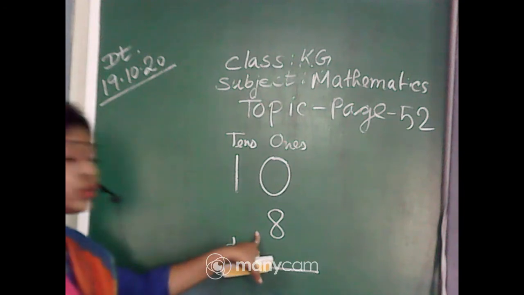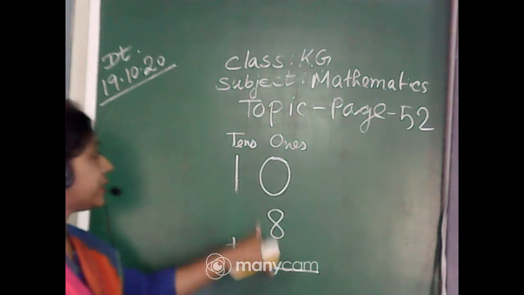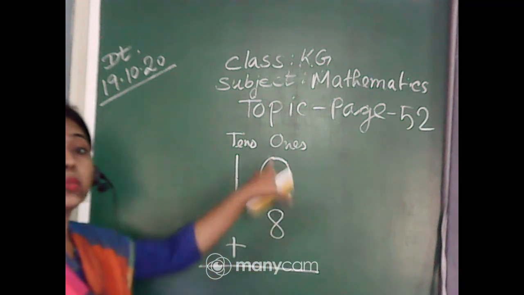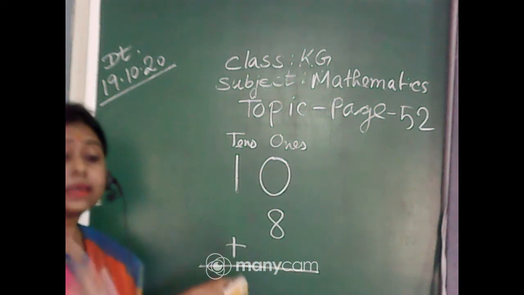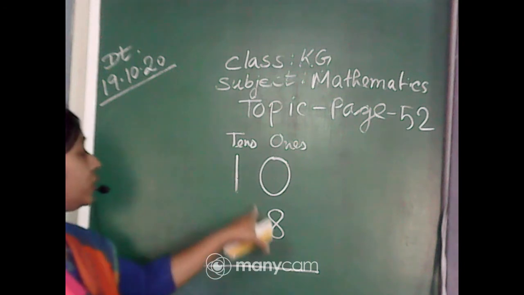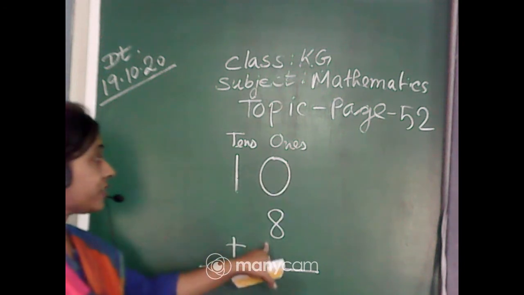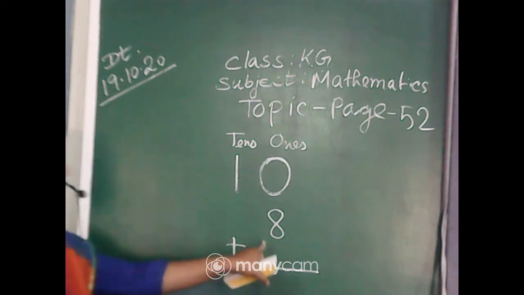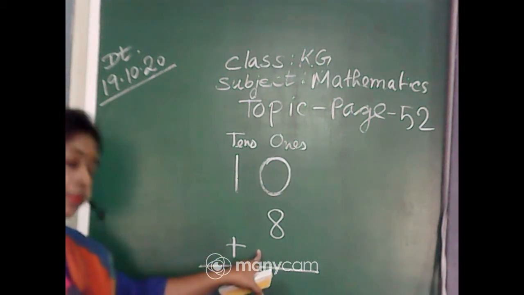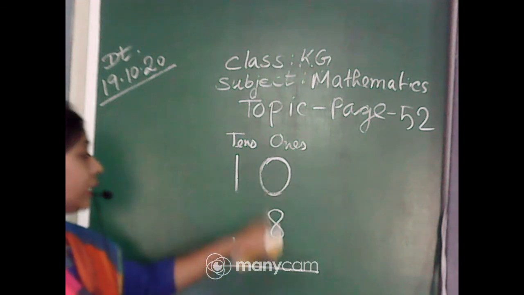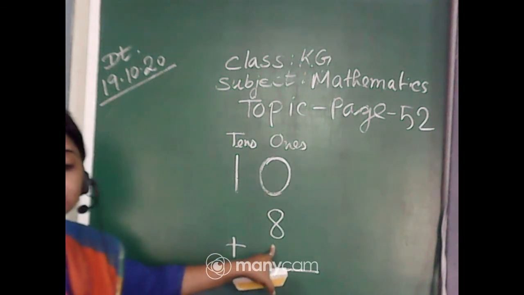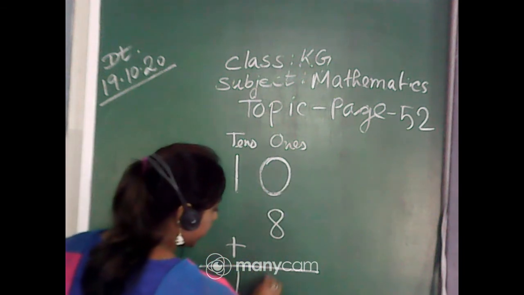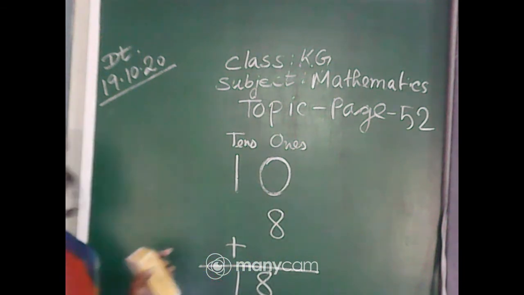So where should you write it? In the ones place, just below the zero, because 8 is a single digit number. The zero is here in the ones place, so any single digit number I write in the ones place. Then 10 plus 8 is equal to 18.